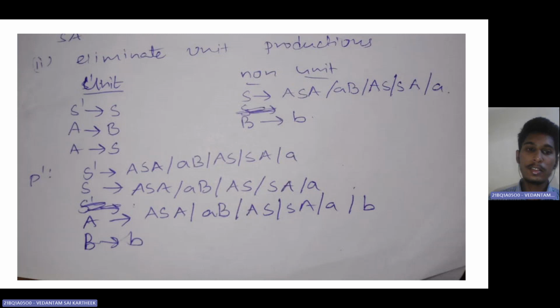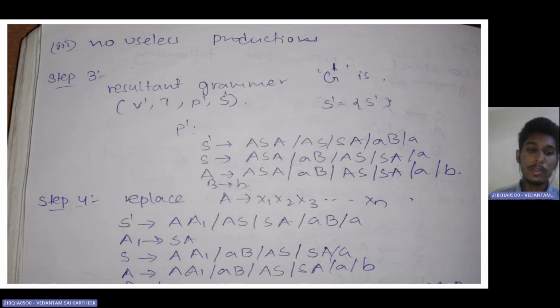By this, we can eliminate the unit productions. Moving on to the next step, which is useless productions. Useless productions are those which cannot be reached from the start symbol. There are no useless productions, so we don't need to eliminate any.